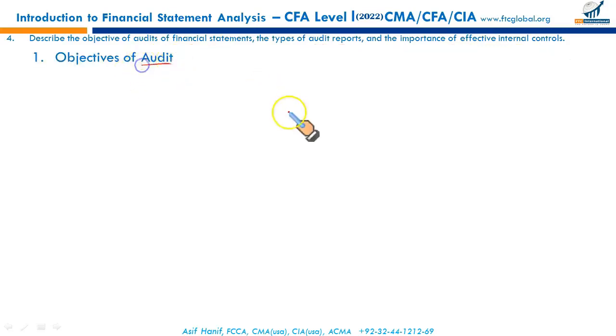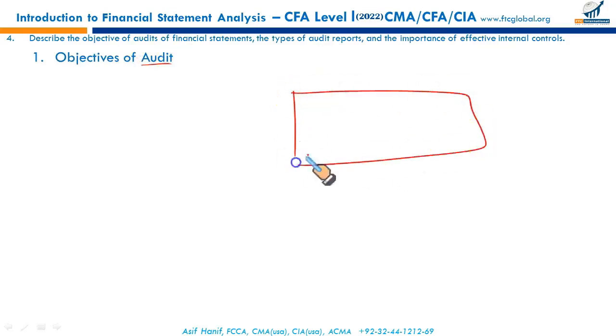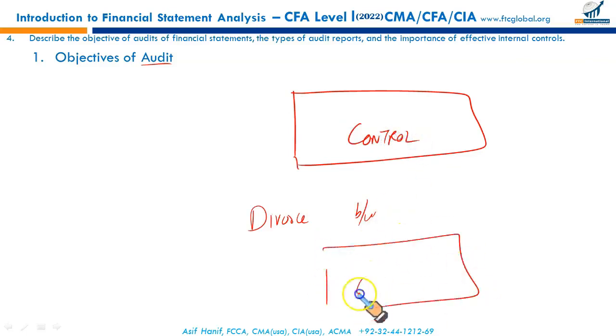before we discuss audit, we need to know the basic structure of an organization. In listed companies, those whose securities are traded on stock exchanges, there is what you call a divorce between control and ownership.